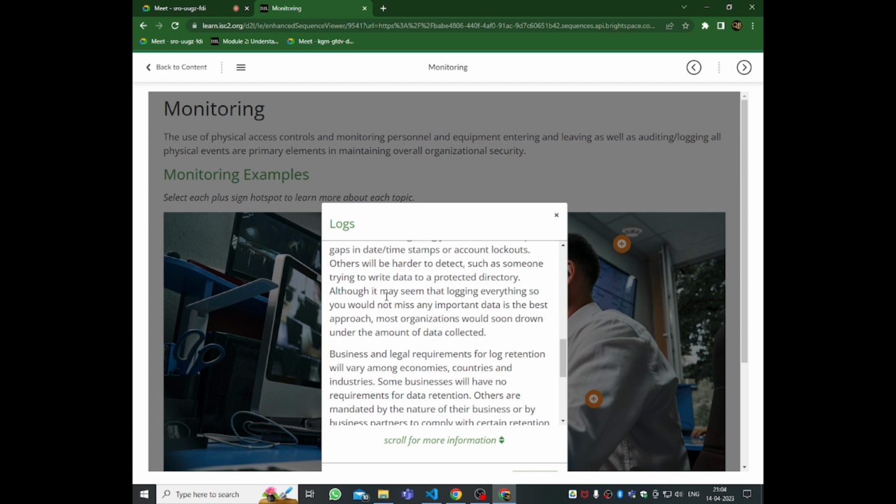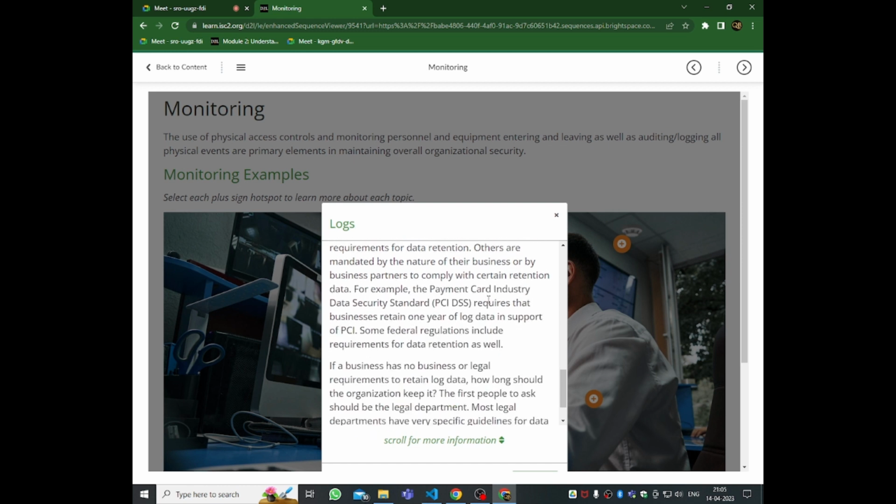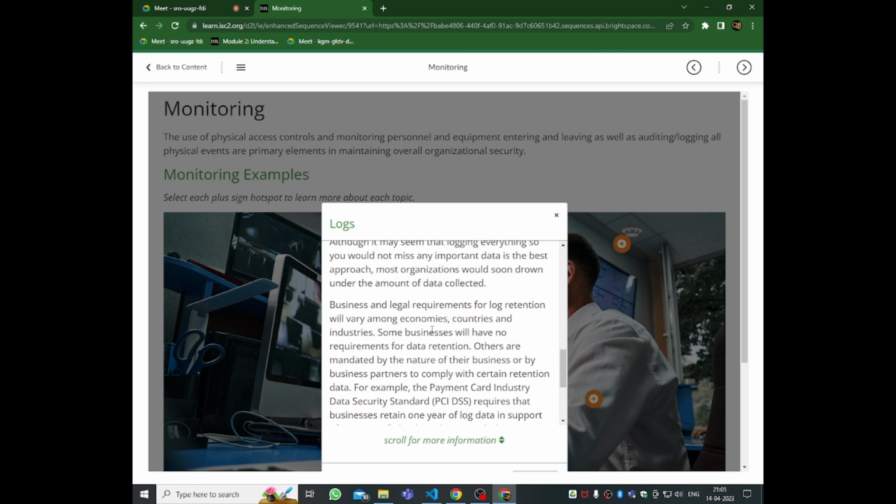Although it may seem that logging everything so you will not miss any important data is the best approach, most organizations will soon be drowned under the amount of data collected. Business and legal requirements for log retention will vary among companies, countries, and industries.